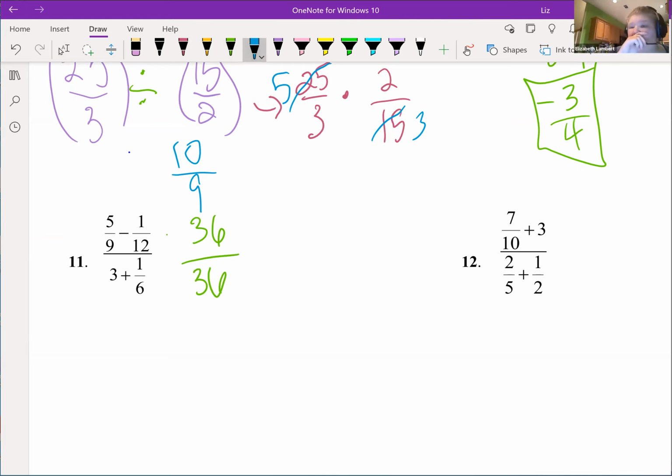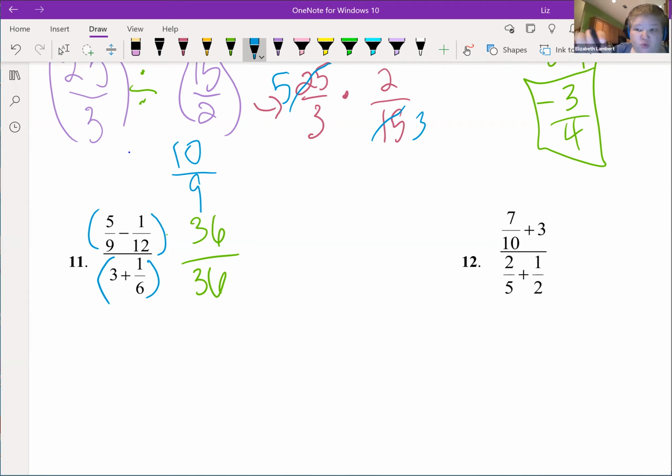Now, in order to do this, because we've got subtraction and addition on the top and the bottom, this 36 on the top and the 36 on the bottom has to distribute to everything, including the 3. Even though the 3 did not have a denominator, if we're going to multiply by the crazy form of 1, everybody's got to get it. It has to be equal, so it is the same.